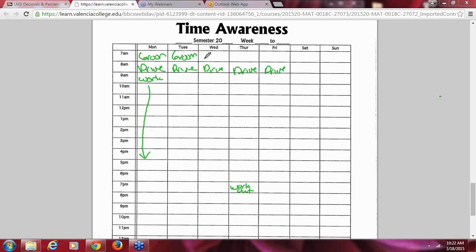I'm writing with fake pens. This is a little more difficult. And then they might say work. And it might look a lot like this, right? So the idea again is that you try and identify when am I doing my class time and when am I studying in between all these other responsibilities that I know you guys have, okay?